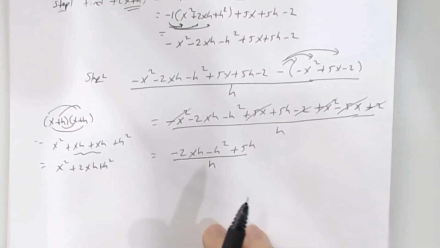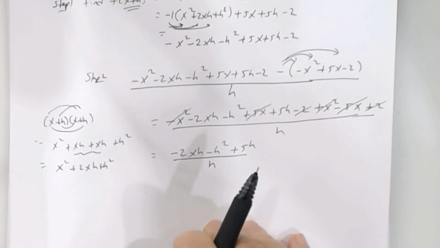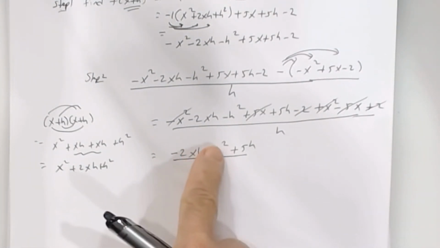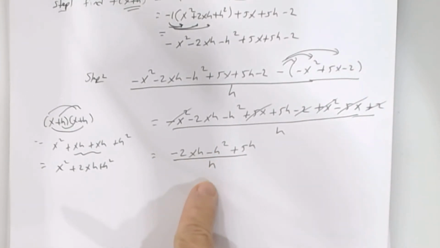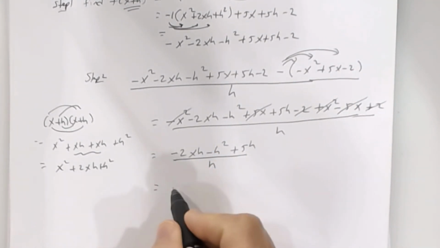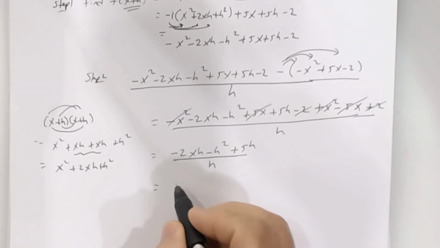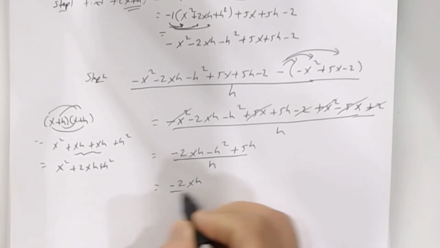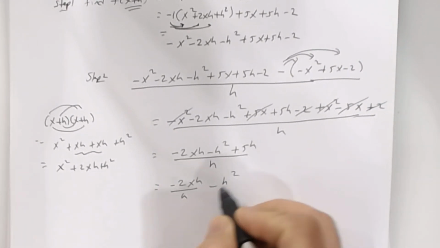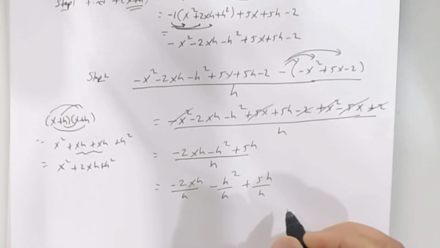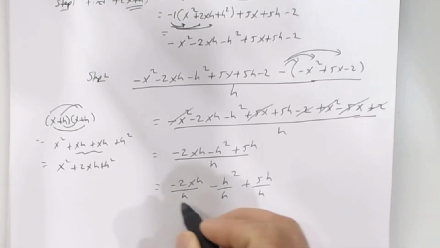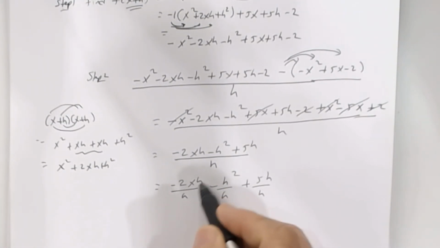So a negative 2xh minus h squared plus 5h, and that's all being divided by h. Now, you don't leave the answer like this because you know you can simplify this. Each of these terms is being divided by h. So if you need to, rewrite as 3 separate fractions: negative 2xh divided by h minus h squared divided by h plus 5h divided by h. And then when I reduce, these h's divide out.